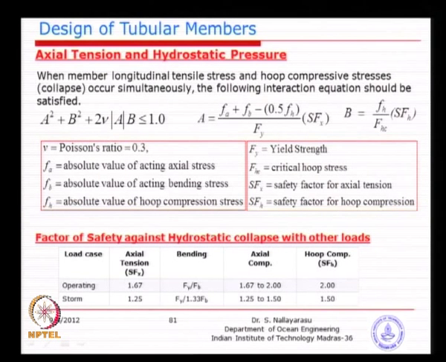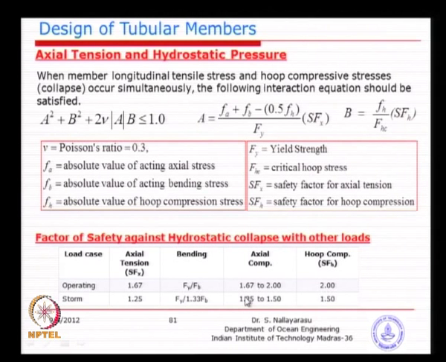A is the ratio of Fa plus Fb minus half the hydrostatic stress, which you calculated using Pd by 2T, the hydrostatic pressure multiplied by diameter divided by 2 times the wall thickness, and the corresponding allowable stress factor, Sx, which is given here, this one if it is tension and this one if it is compression.